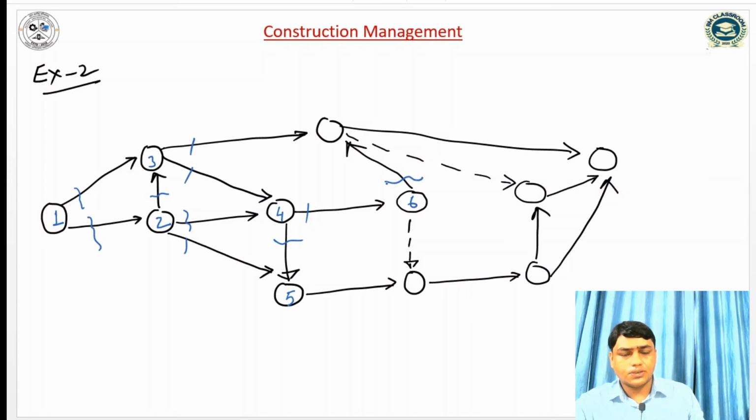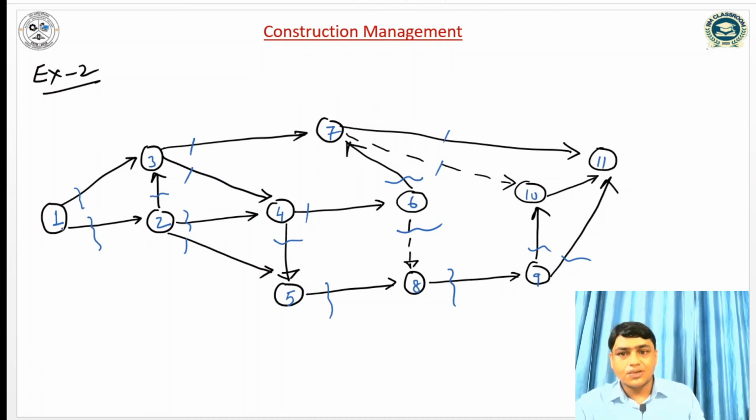If I cut this one, this will be 7, and if I cut it, this will be 8. If I cut, it will be 9, then 10, then 11. So like this we can number the events.